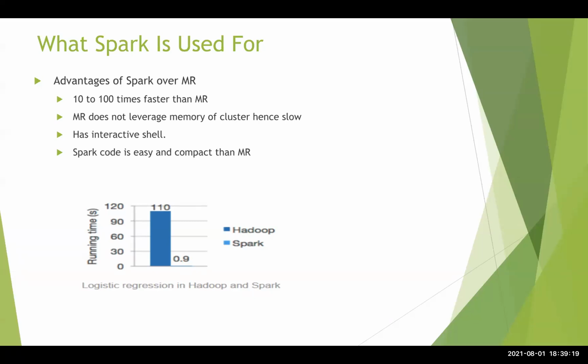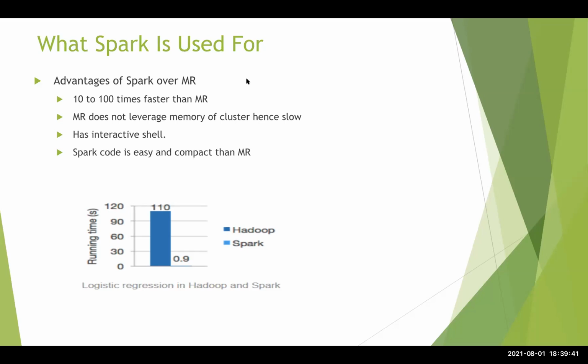And if you have ever written a MapReduce program, you would have realized that writing MapReduce itself is a huge thing. You have to write a mapper, you have to write a reducer, then you have to write a driver, where you set the mapper, reducer, input directory, output directory, formats and everything. And if you want to use a combiner, you have to write another class.